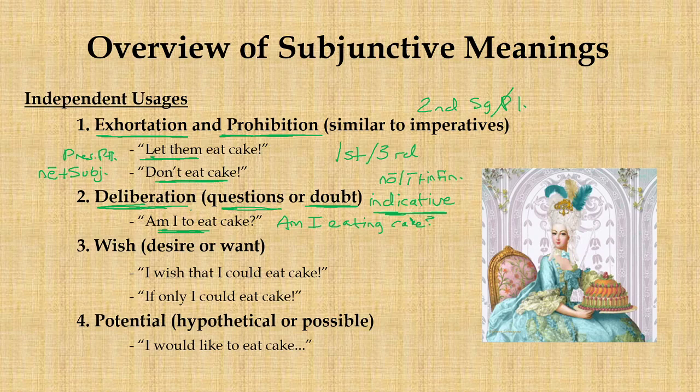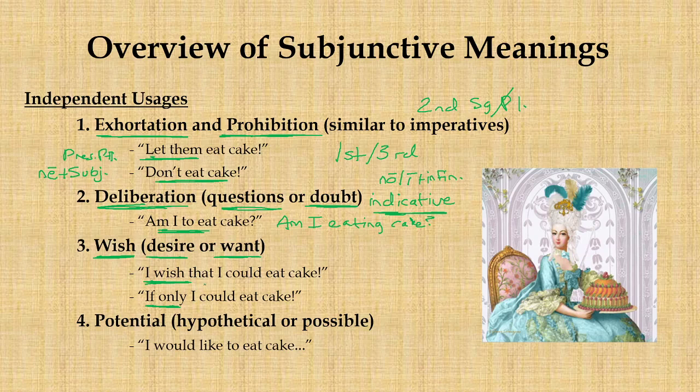So that's deliberation. There's another common use as well, not quite as common as these two, but the subjunctive of wish, which essentially is a desire or a want or a need. The subjunctive can also express this. So essentially, you can use these two different types of phrases: "if only" or "I wish that."